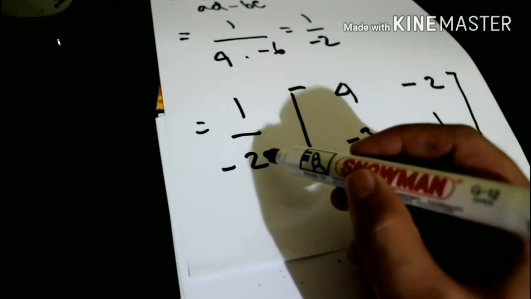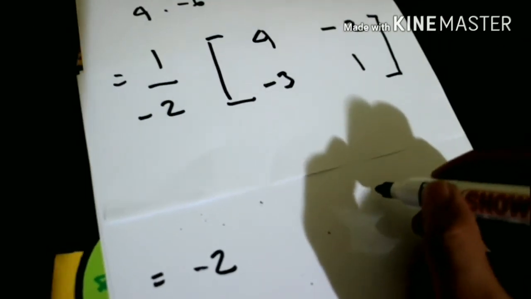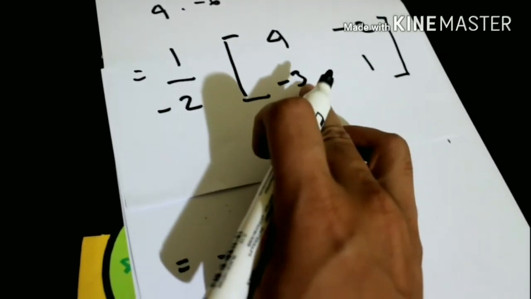So we got negative 1 over 2 times 4, which is negative 2, and then negative 1 over 2 times negative 2, which is 1, and then we got 3 over 2, and then we got 1 over 2.